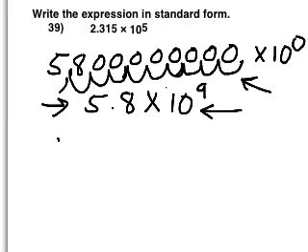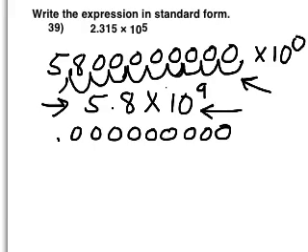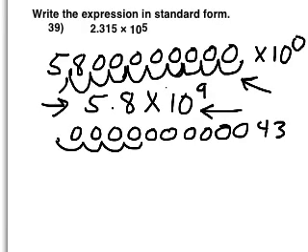Okay, so if we had 0.000000000043. Okay, so that's a pretty tiny number. Let's do the same thing with that, only we're going to make it look bigger, right? We're going to go 1, 2, 3, 4, 5, 6, 7, 8, 9, 10, 11.